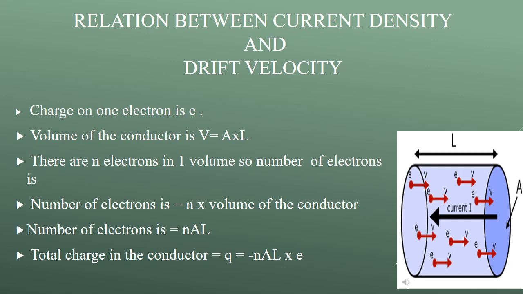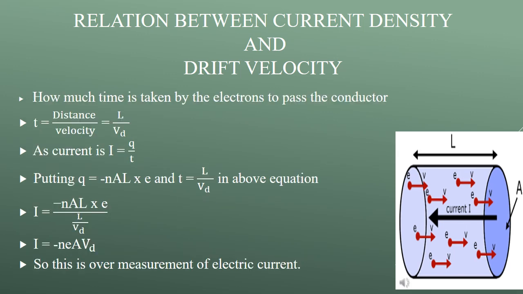So how much is the charge on these particles? The total charge in the conductor is Q equals minus nALe, where e is the charge on one electron.